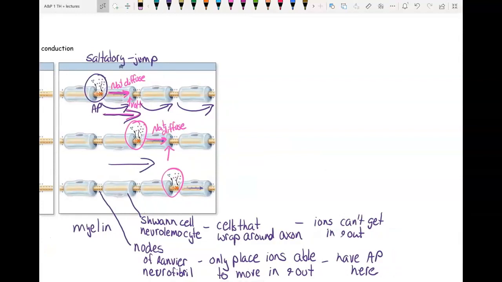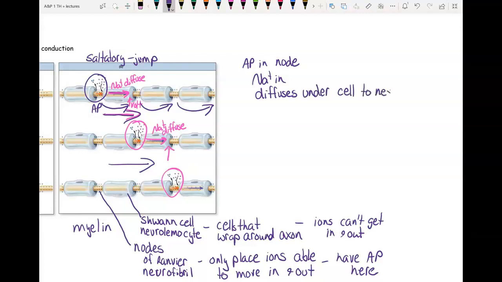So to sum up saltatory conduction, you have an action potential in a node. Sodium comes in and it diffuses under the cell, that Schwann cell or neurolemmocyte, to the next node, where it raises the voltage and stimulates those gates to open.